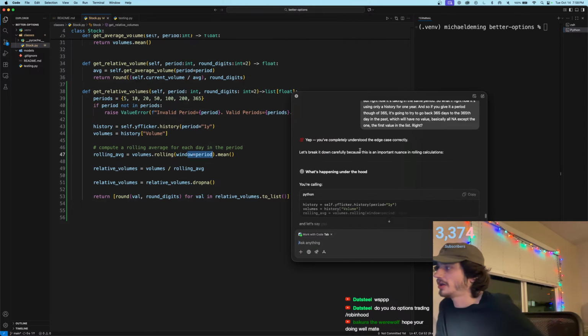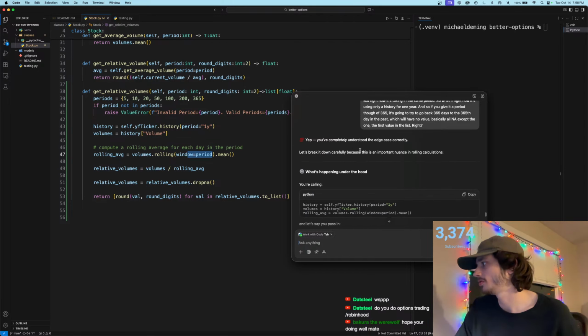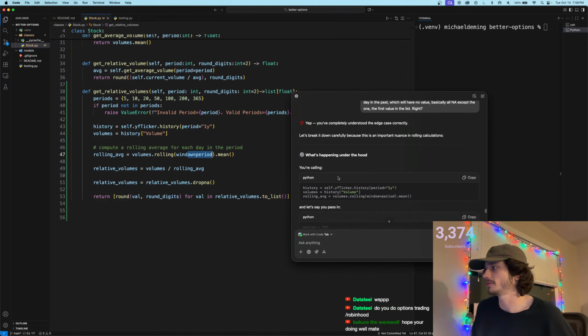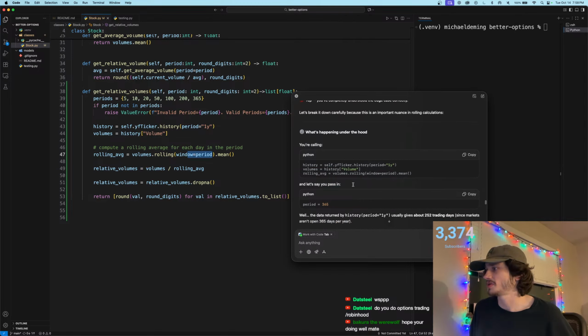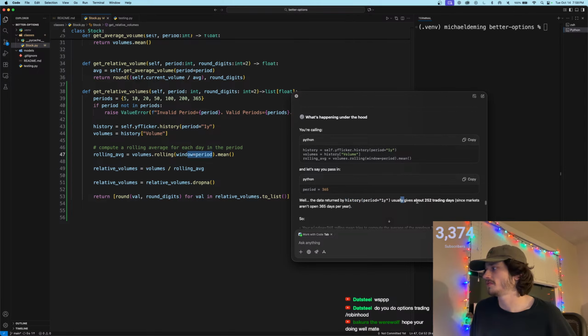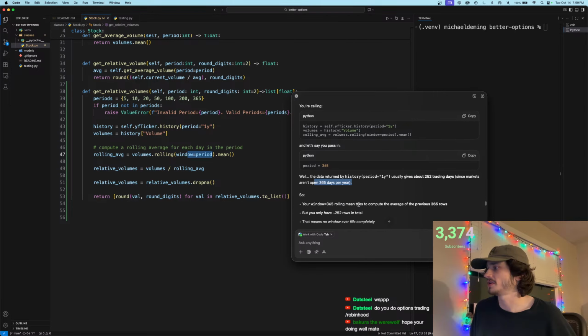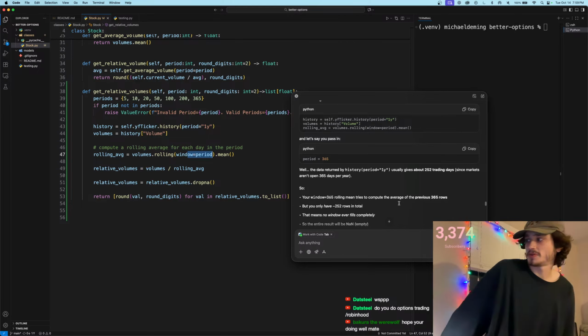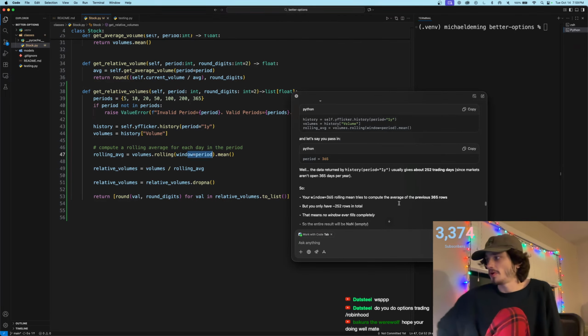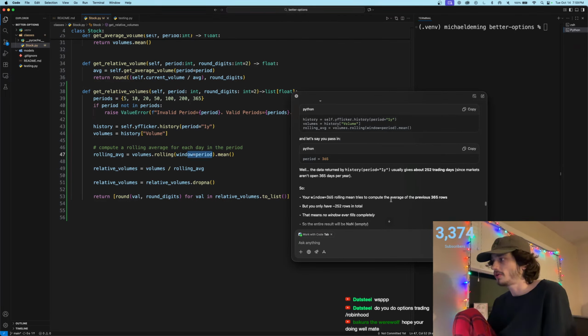You completely understood the edge case correctly. Let's break it down carefully, because there's important nuance in rolling calculations. By doing history of one year, extracting volume, and then taking the rolling average of that volume, let's say you pass in 365. The data returned by history only gives you 252 trading days. Markets aren't open 365 days a year, so your window of 365 means computing the average of the previous 365 rows, but you only have 252 rows in total.